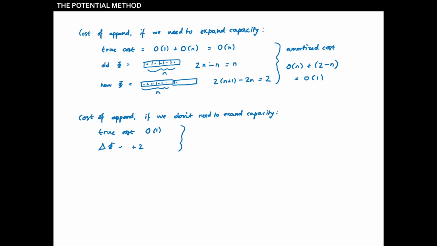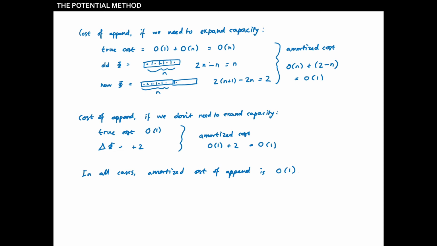And if we add these two together, the amortized cost is O of 1 plus 2, which is just again O of 1. Okay, so what we've argued here is in all cases the amortized cost of an append operation is O of 1.